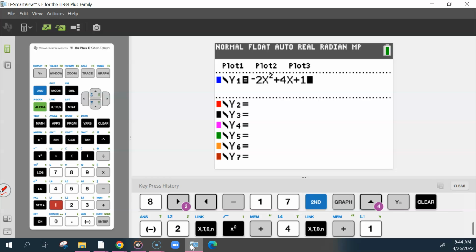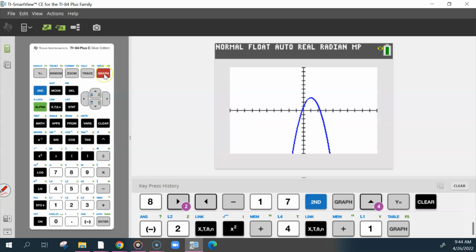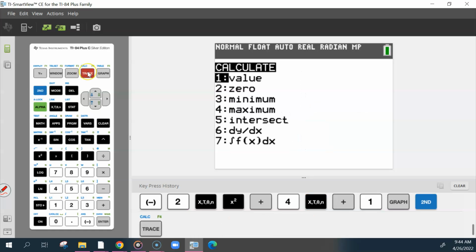Just hit graph, not second graph. To find your roots or solutions, I want to say we've done this before, maybe with linear, but I'm not 100% sure on that. Go into second trace.